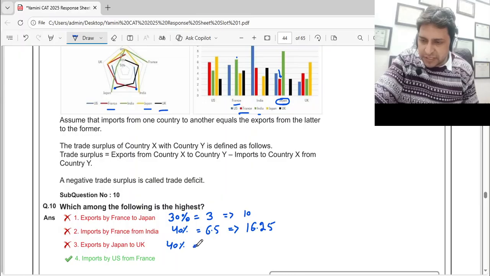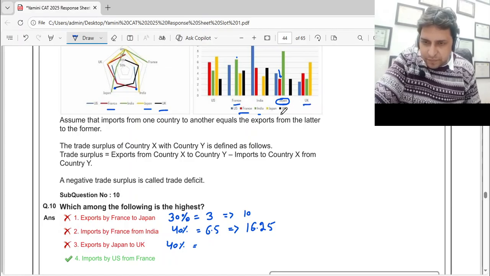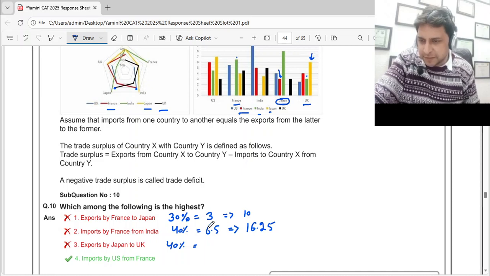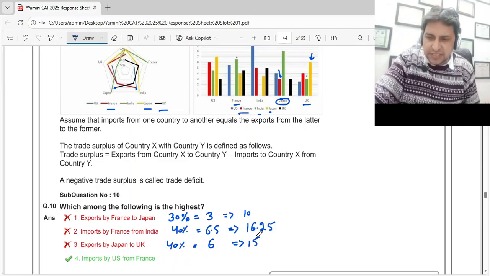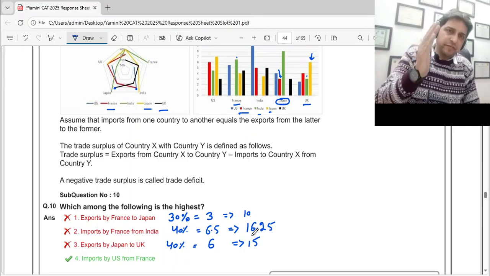Now this 40% is equal to, Japan is the fourth one. Sorry, this is Japan, that was India. So this is 6. If this is 6, this should be 15. 6 plus 6 is 12, 12 and 3 is 15.